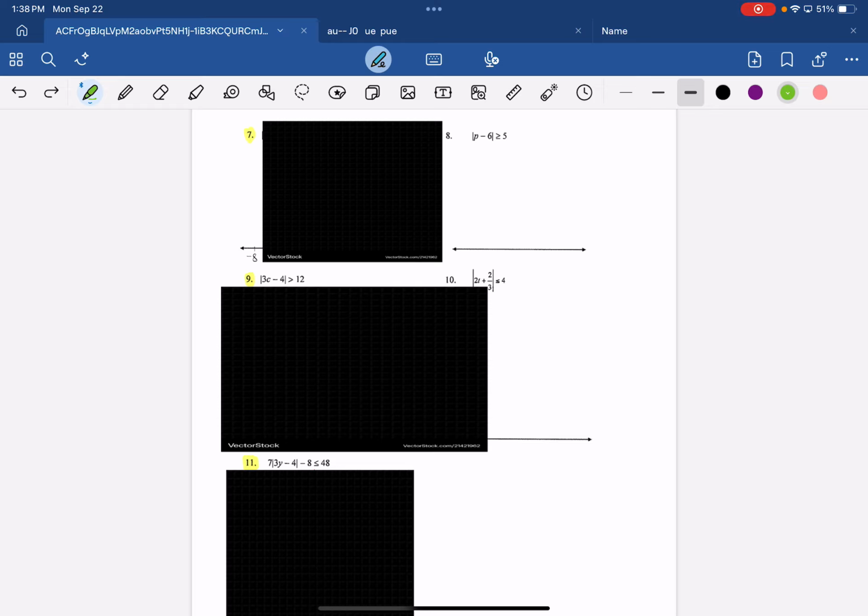Divide it? Bring everything down. And then, yes, you will divide. Where do you divide it? On both sides. When you divide this side by 7, your 7's going to go away, and that side will simplify.